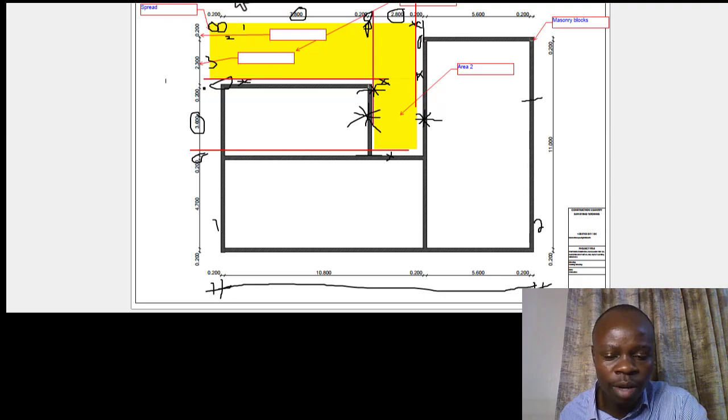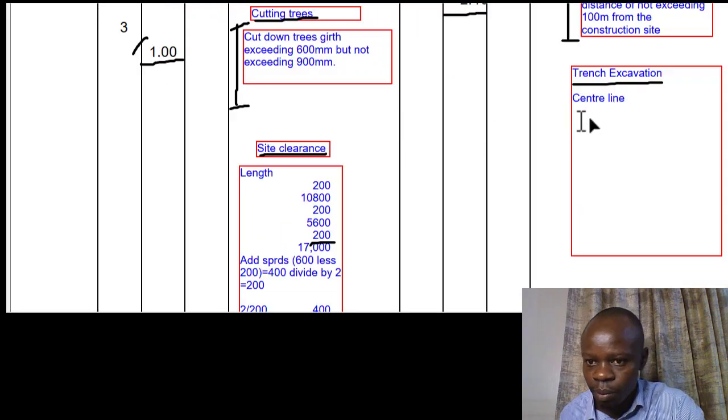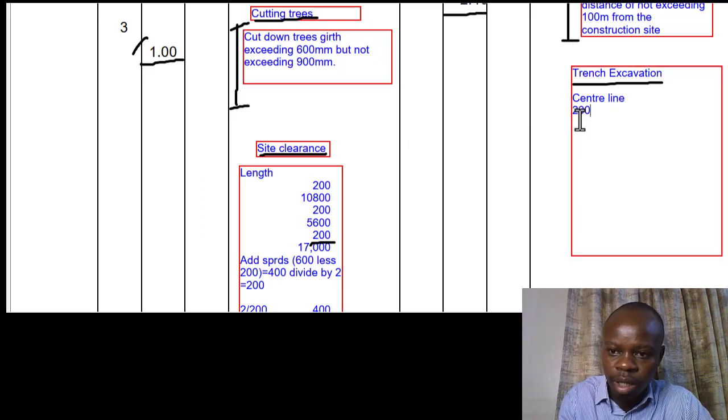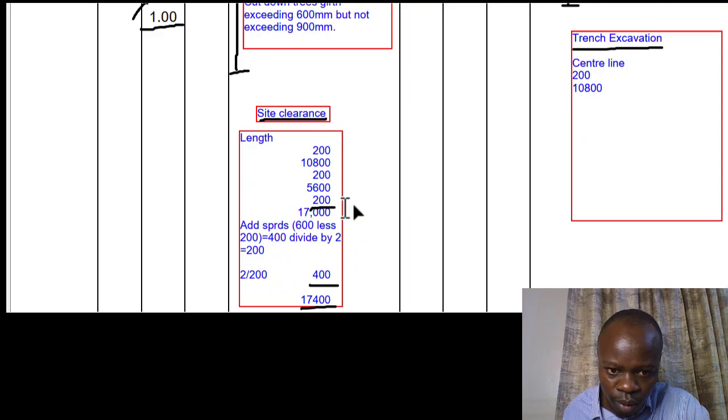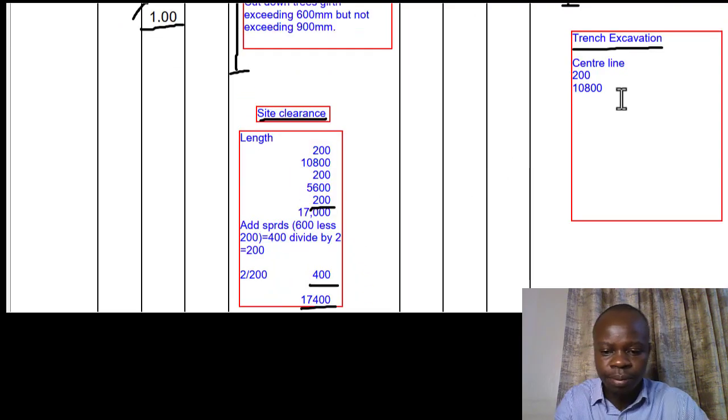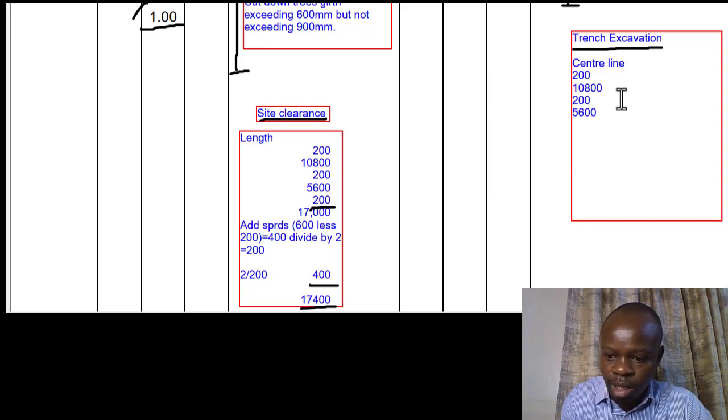So a very straightforward way is that the length in this case includes 200 plus 10,800 plus 200 plus 5,600 plus 200.